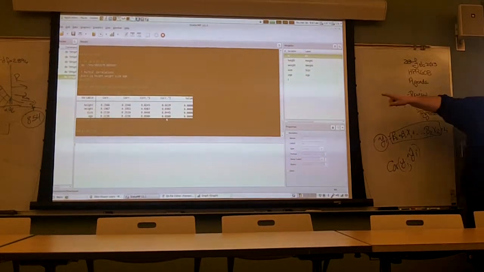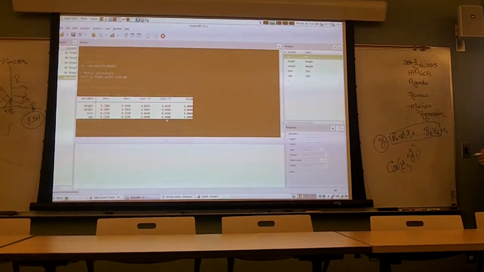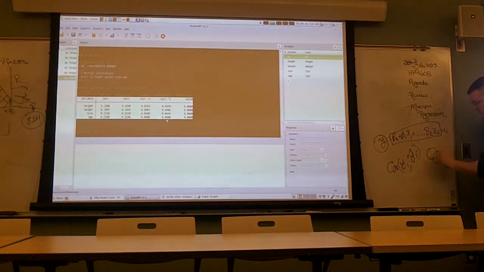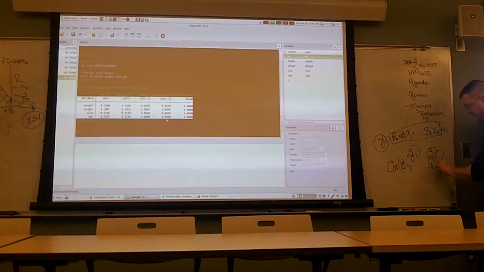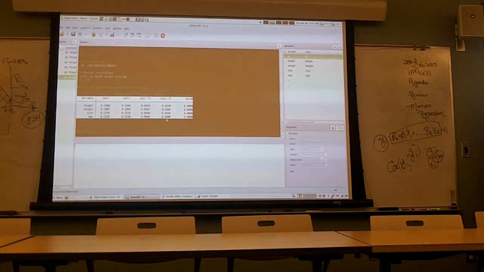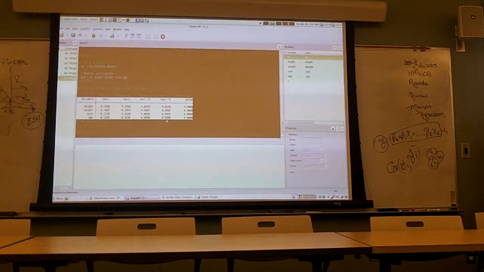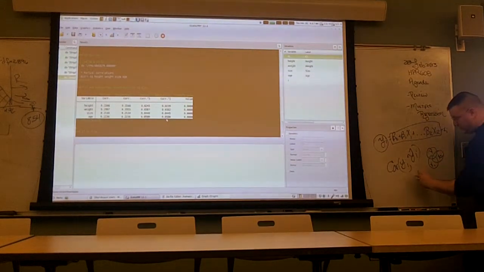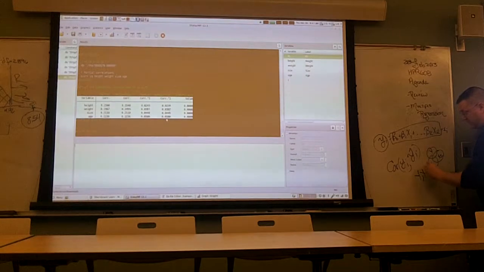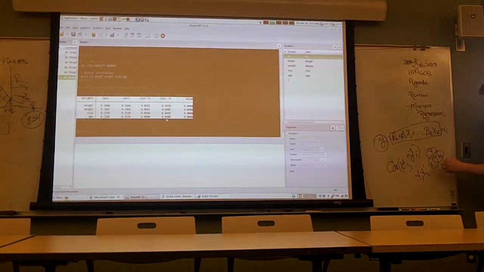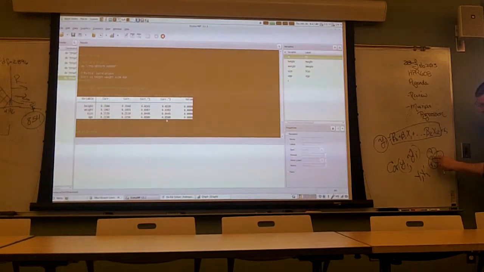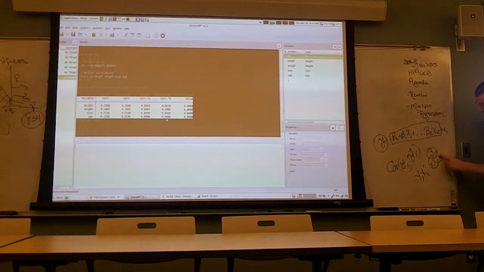Whereas these semi-partial correlations, here we have y, x1, x2. The semi-partial correlation is the correlation between y and x1 prime, where we have removed the effect of x2 from x1.